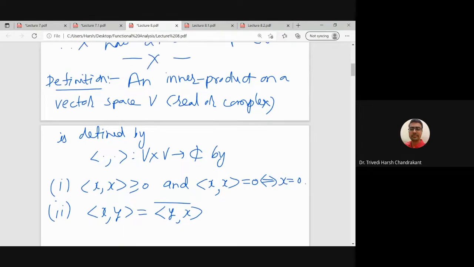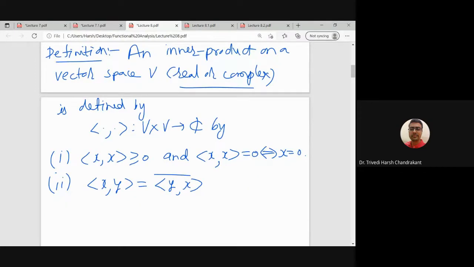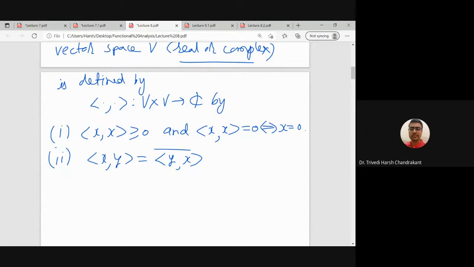So basically we are considering V, a real or complex vector space. If you take real, then the inner product <x, y> is <y, x>, but if we take a complex vector space, we need to take the conjugate here. So this is complex conjugation, and the third property is linearity. Linearity we are taking in the first variable. The second property will imply conjugate linearity in the second variable.